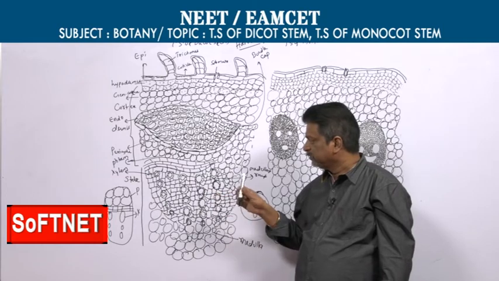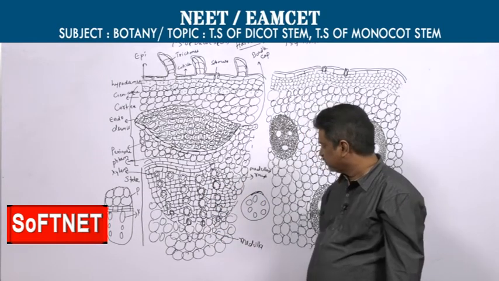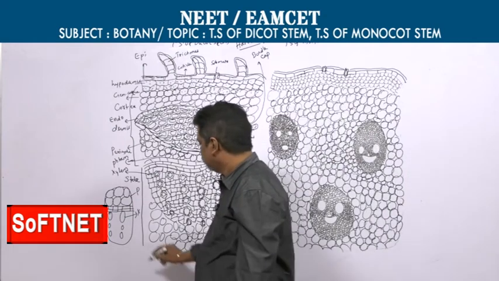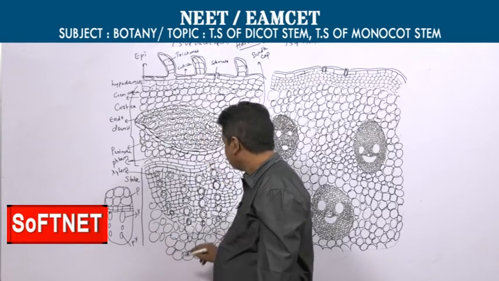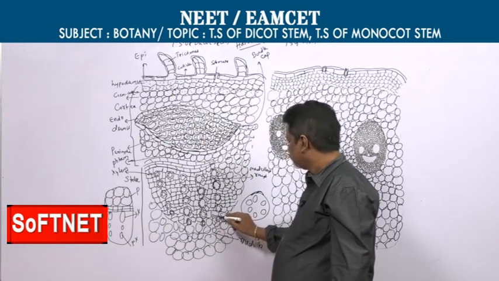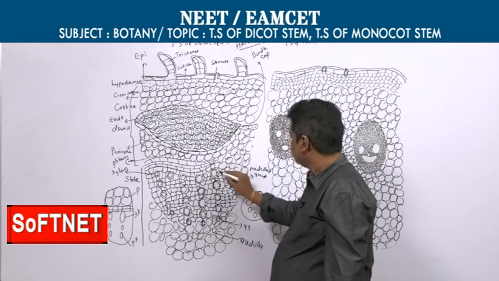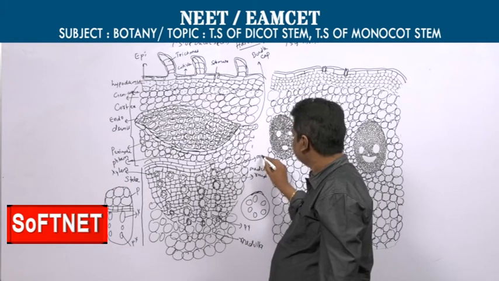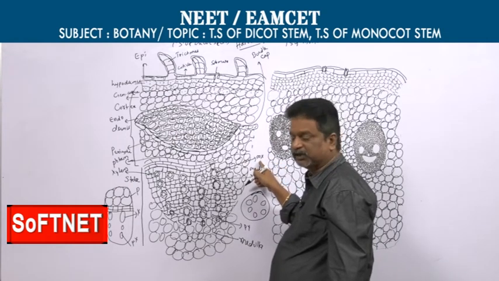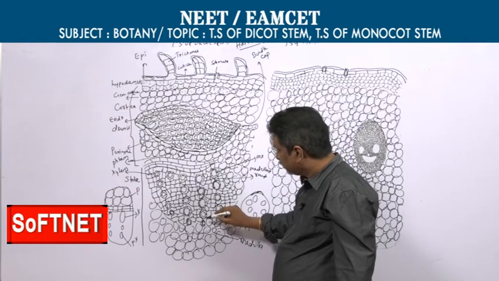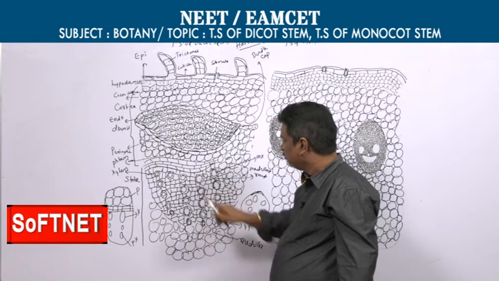Primary xylem is of two types. Newly formed xylem is called protoxylem. Later formed xylem is called metaxylem. It means in stems, xylem differentiation takes place from center to periphery.